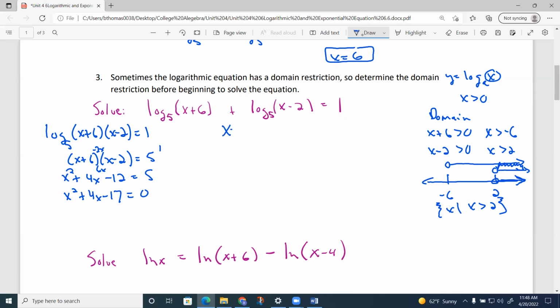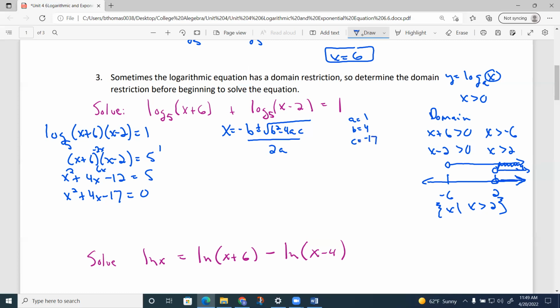The quadratic formula is x equals negative b plus or minus the square root of b squared minus 4ac, all over 2a. Note that a is equal to 1, b is equal to 4, and c is equal to negative 17.